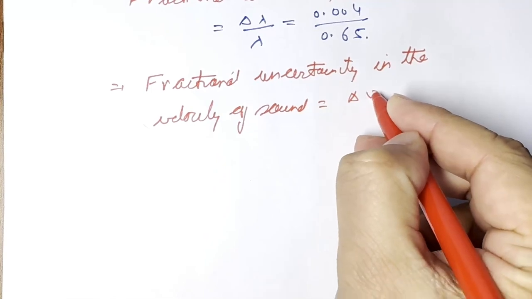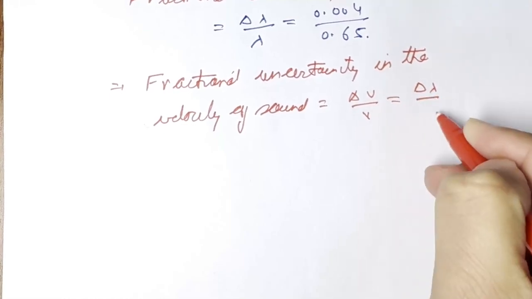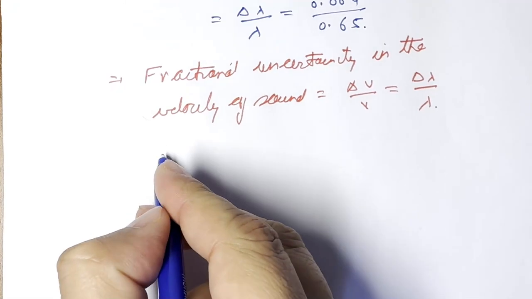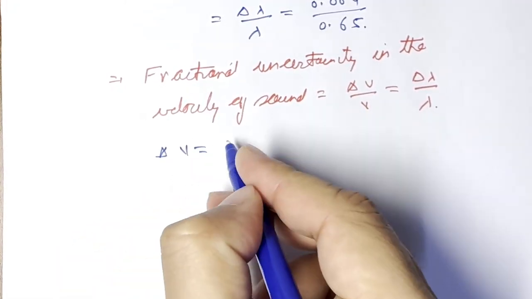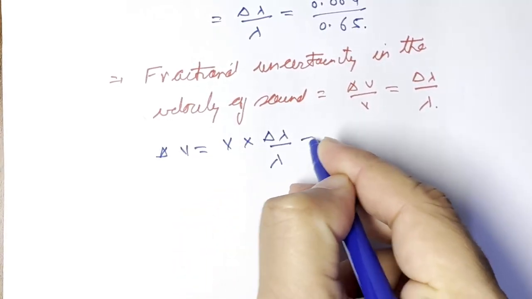Obviously that will be delta V divided by V, equal to delta lambda divided by lambda. So delta V will be equal to V multiplied by delta lambda by lambda.